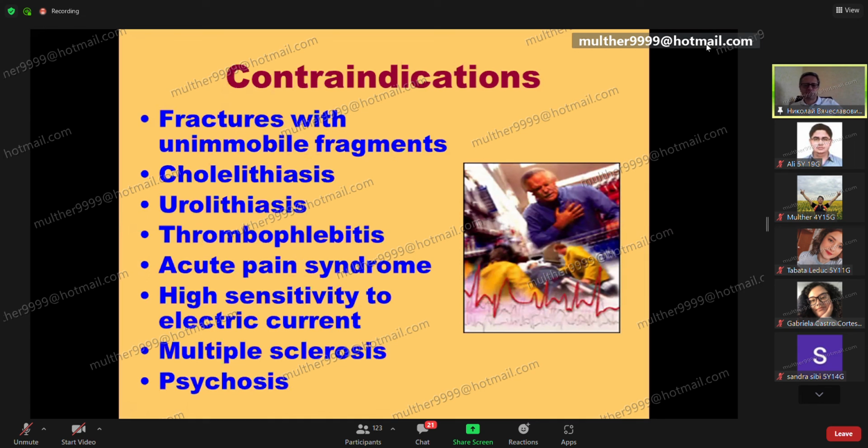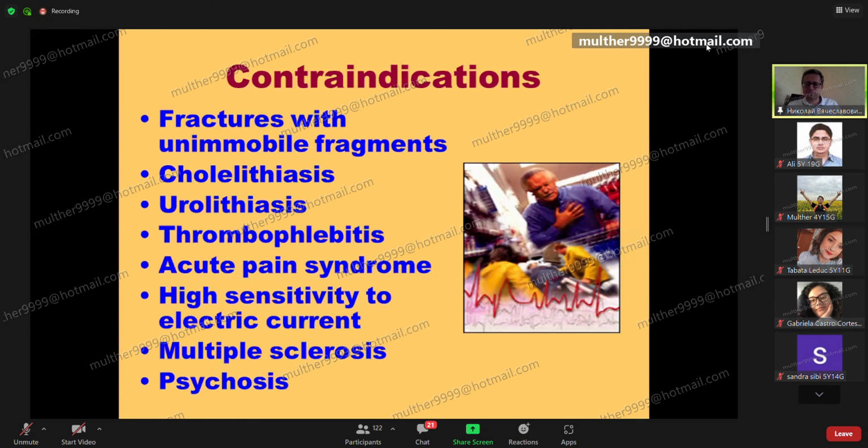Contraindications for this procedure: fractures with immobile fragments, cholelithiasis and urolithiasis, because intensive impulses can stimulate dislocation or movement of stones.